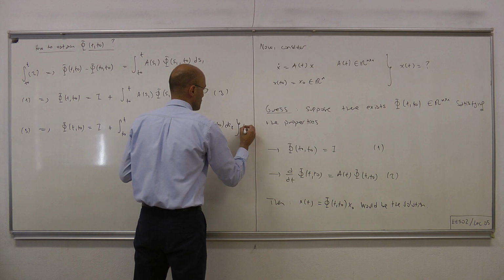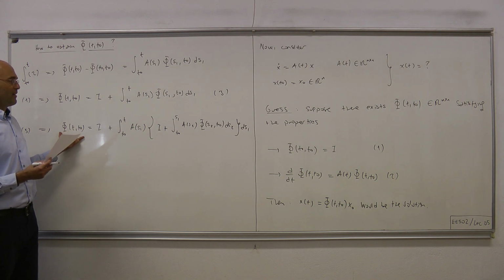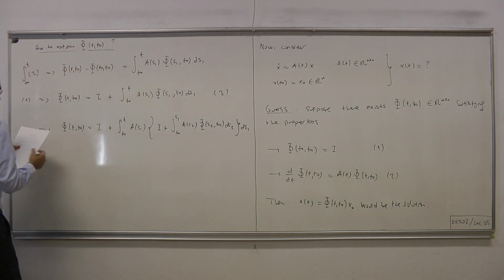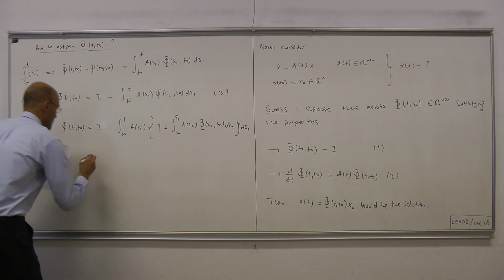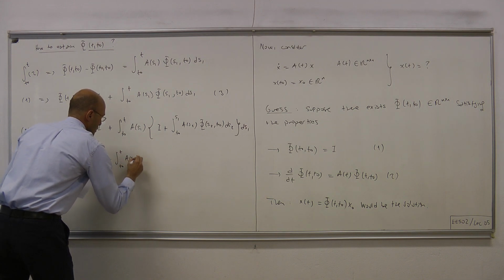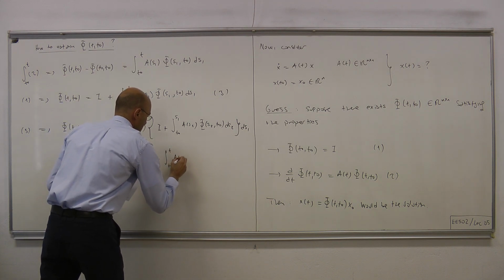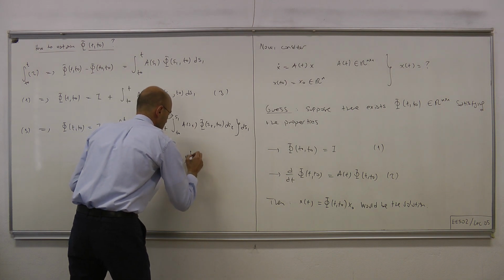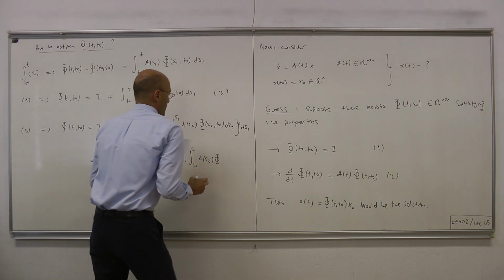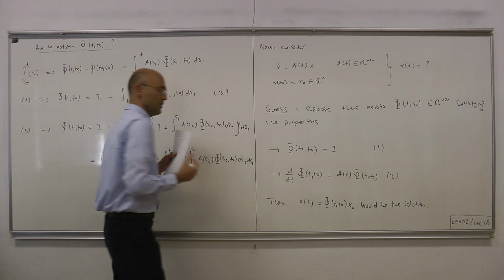Again, we have something more complicated, and we're not able to get rid of this phi dependence, but that equals identity plus the integral from T0 to T of A S1 plus the integral from T0 to T of A S1 times the integral from T0 to S1 of A S2 phi S2 T0 dS2 dS1.